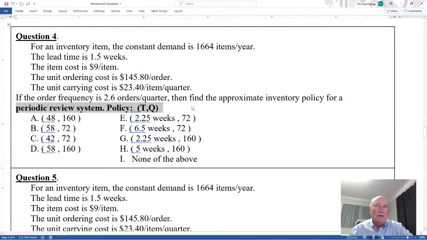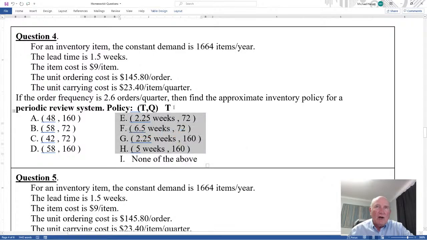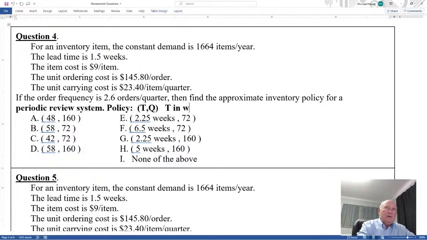Therefore, I have to find T, but notice the times down here are in weeks. Everything is in weeks. So I want T in weeks, and then I need to find Q. I'm giving you the order frequency here, so what's going to be T in weeks?